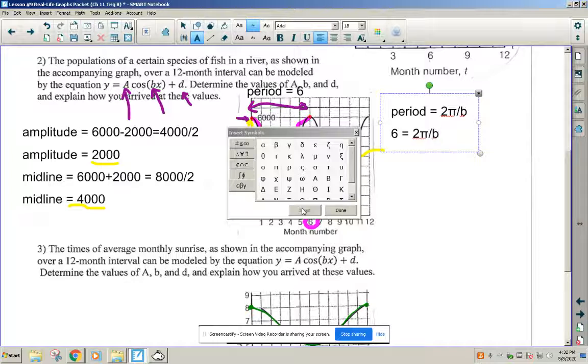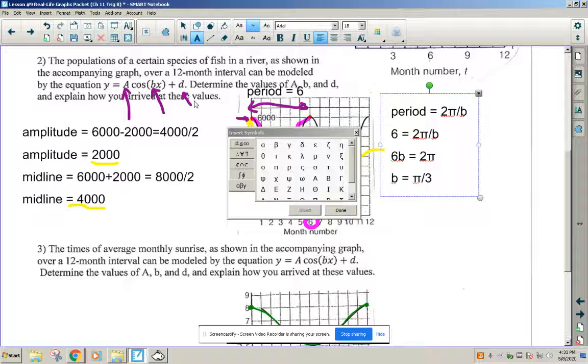And if I'm dividing by b and I want to get rid of that, of course we know we multiply both sides by b. So now I have 6b is equal to 2 pi. Divide both sides by 6, and I find that my b is equal to pi divided by 3. So my frequency now is pi divided by 3.